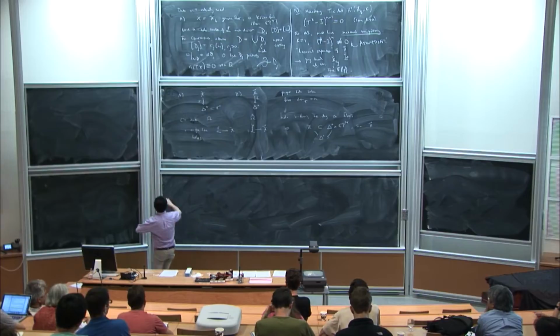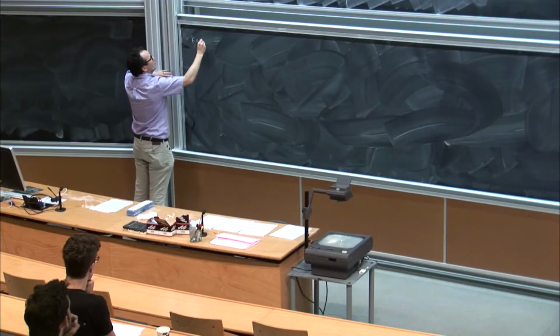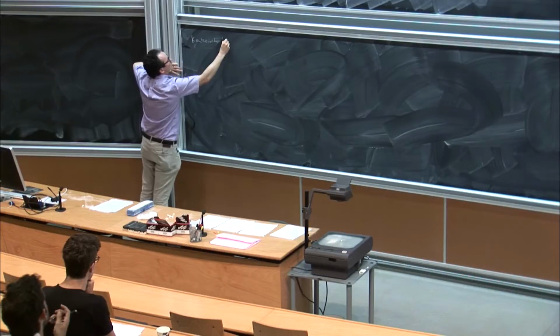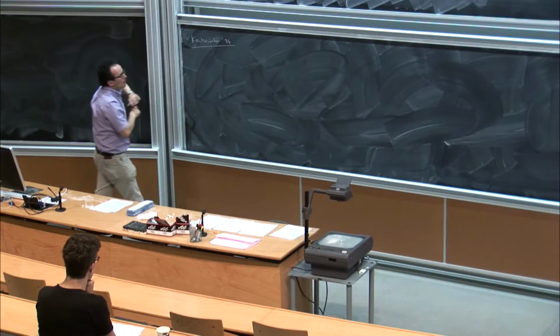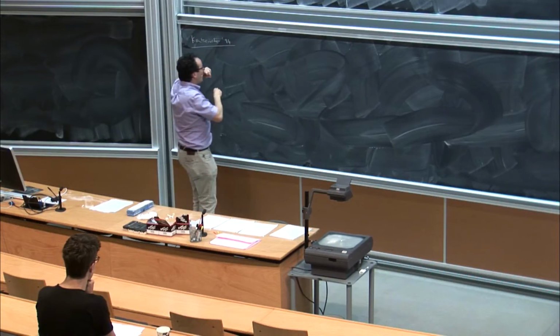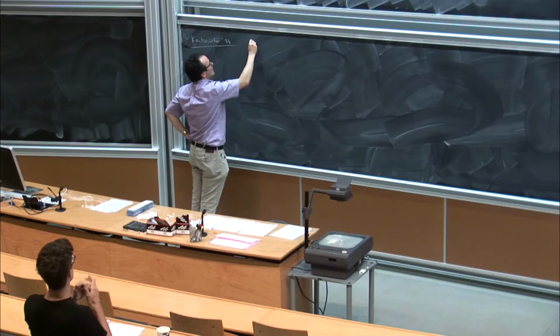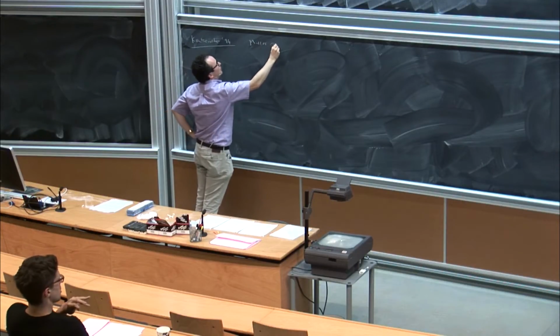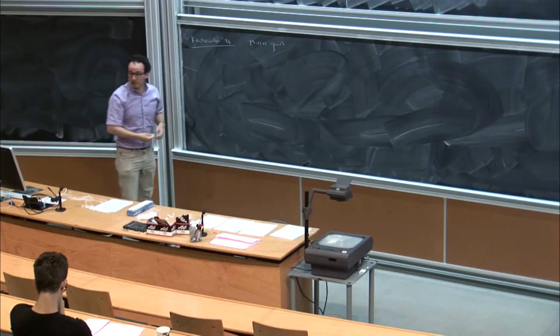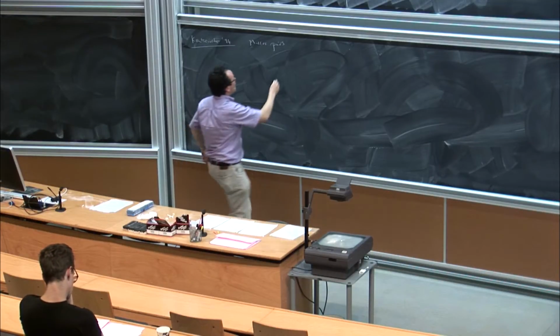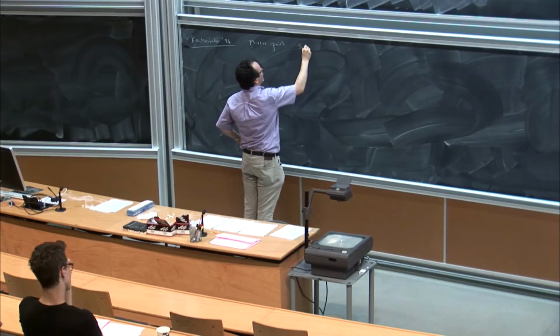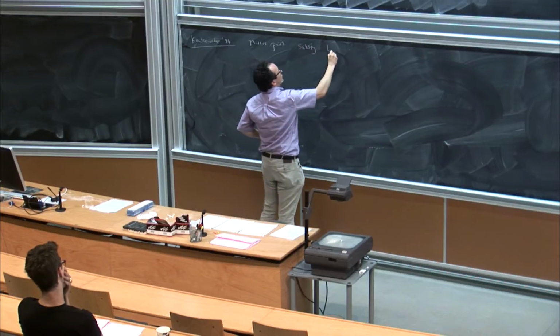So there's this famous conjecture of Kontsevich from '94, which is that mirror pairs, understood in some geometrical sense of T-duality, should satisfy homological mirror symmetry.